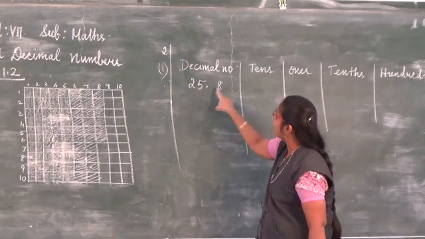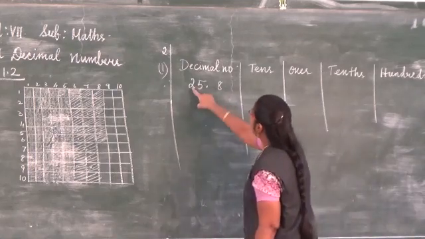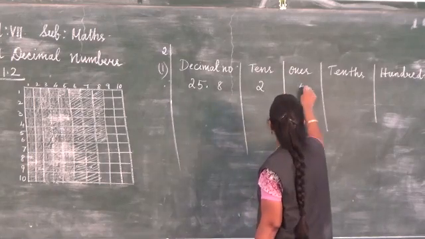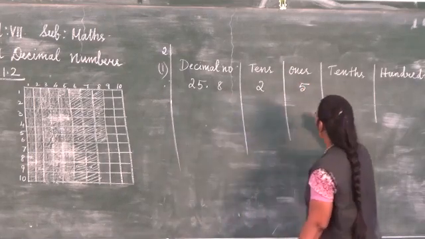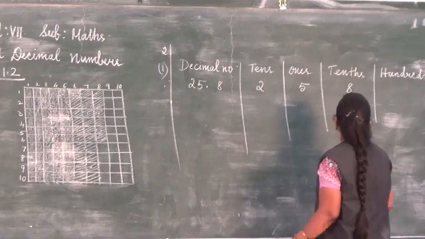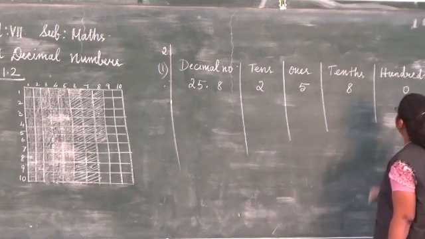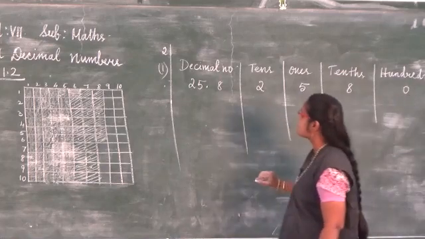So here 25.8: in the tens place you will be writing 2, in the ones place you will be writing 5, in the tenths place you will be writing 8. In the hundredths place they have not given a number, so you can write it as 0.